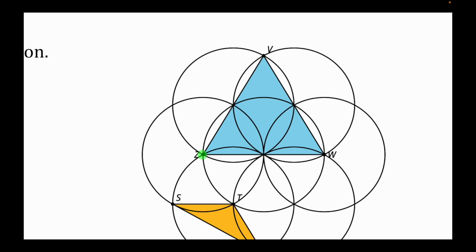This side here is a diameter of one of these circles that extends from Z to V. You can see it has an intersection point there, which also has ZW being a diameter of our central circle, and WV as a diameter of one of our outer circles.